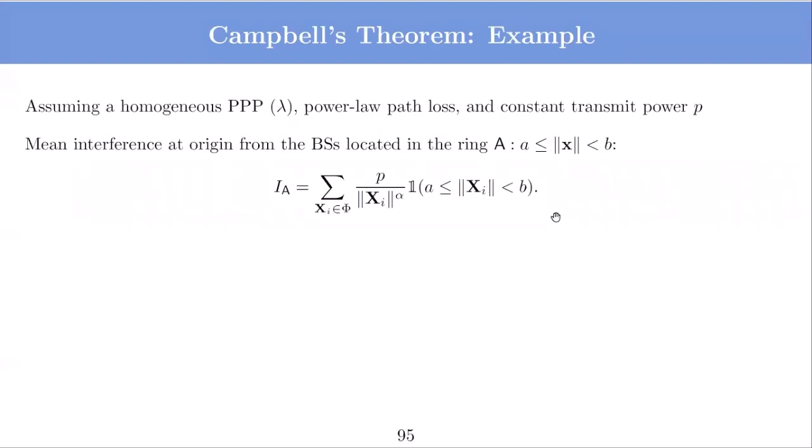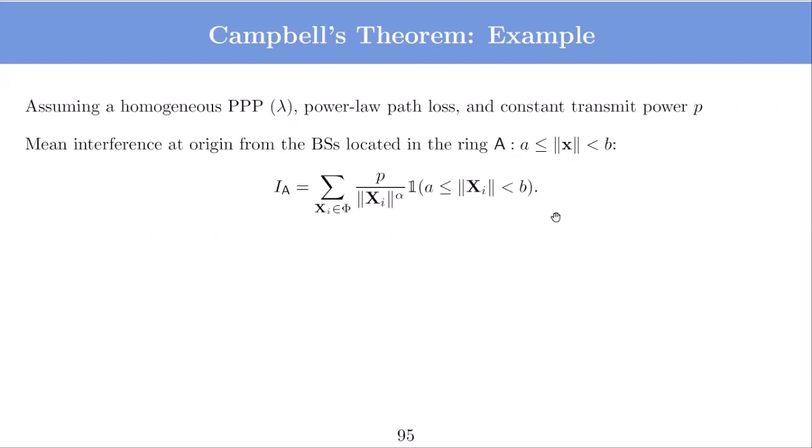these base stations are distributed as a homogeneous Poisson point process. I am only interested in base stations located in this ring. This ring is from A to B, so inner radius is A, outer radius is B, and I want to compute the interference coming from these base stations.